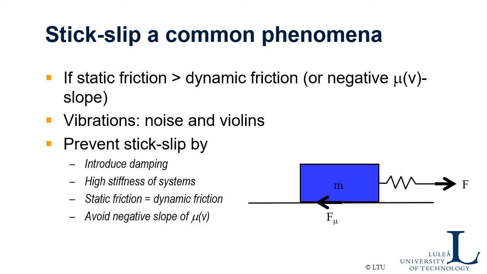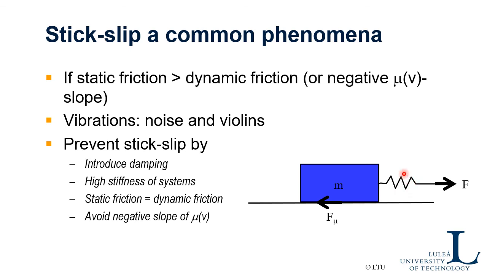In general, stick slip creates vibrations that give you a noise. But it's actually also the same phenomenon that excites the string of the violin and creates a beautiful sound. How to prevent stick slip then? Well, instead of having a perfectly elastic spring here, you can introduce some damping there too.